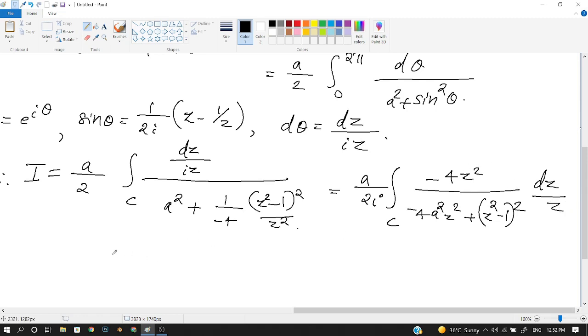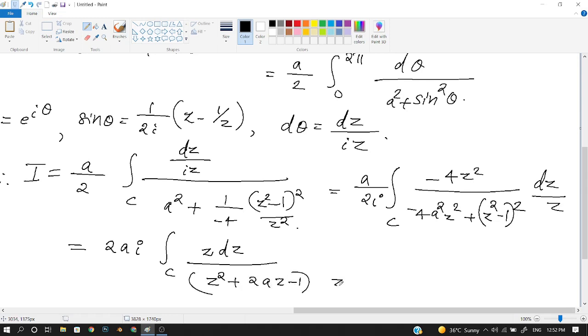So that is equal to 2ai integral over C z dz divided by z square plus 2az minus 1 into z square minus 2az minus 1.